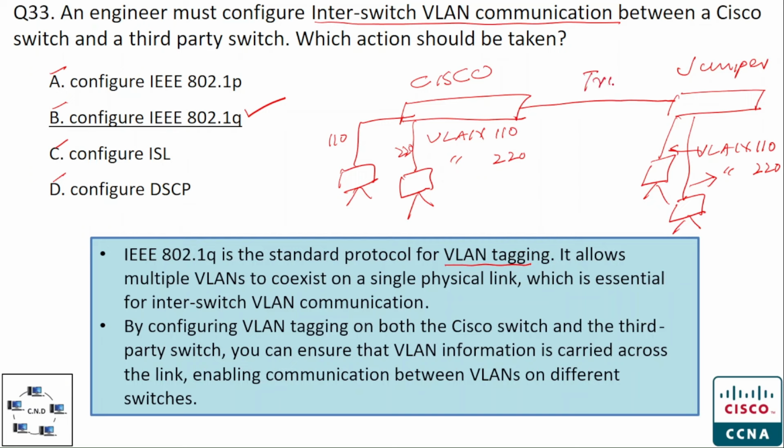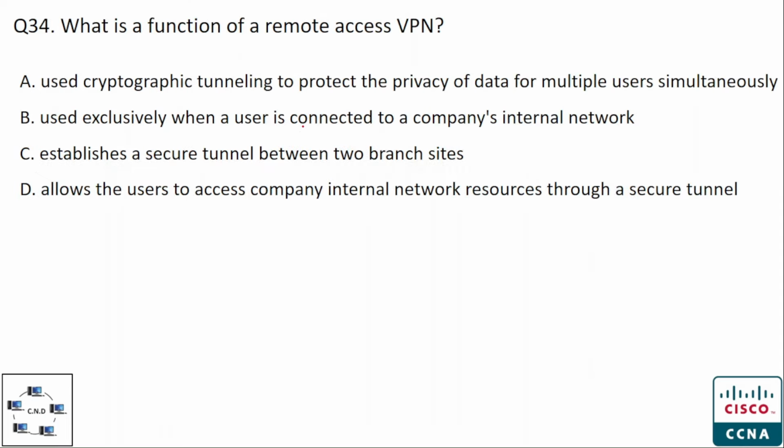We will configure this link as a trunk, and we will tag VLAN 110 and 220 on both sides. We will tag the VLAN over here on this switch as well as over there, and this will enable inter-VLAN communication between devices on switches of different vendors, or even on switches of the same vendor. And the IEEE 802.1q is the VLAN tagging protocol.